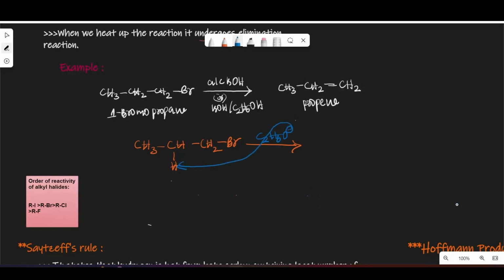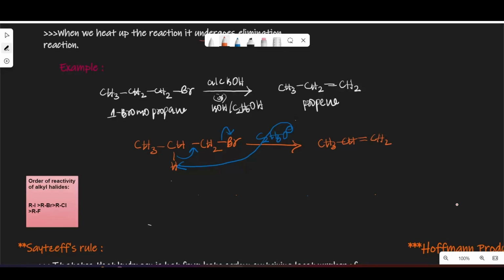This bond shifts between carbon and carbon, it makes a double bond, and this bromine leaves as a leaving group. Then we will get the product CH3CH=CH2. This is the simple mechanism for this reaction.